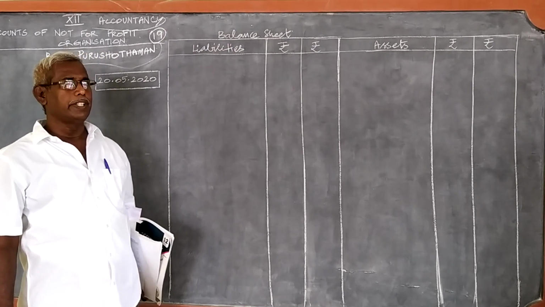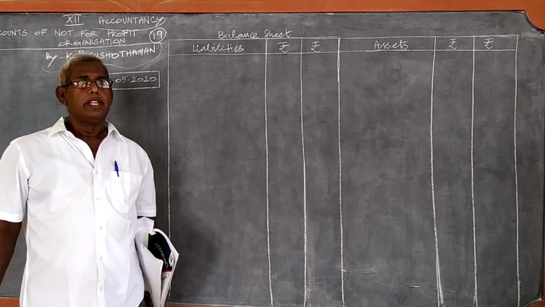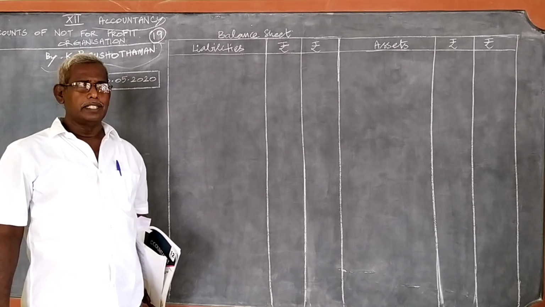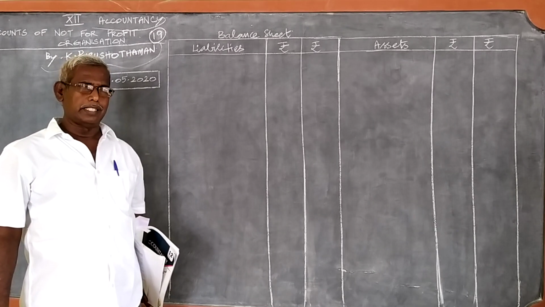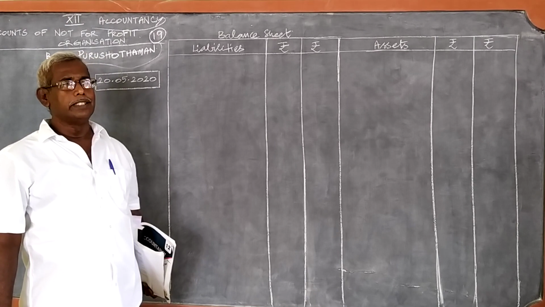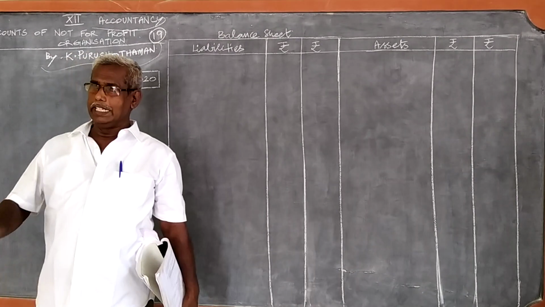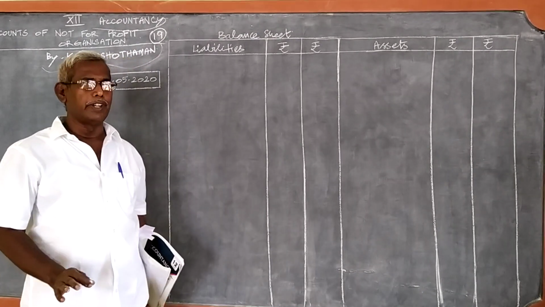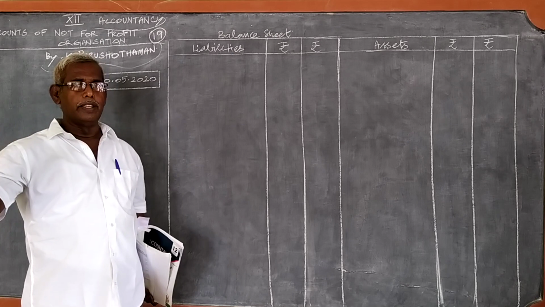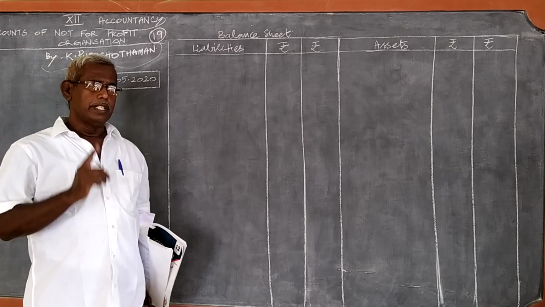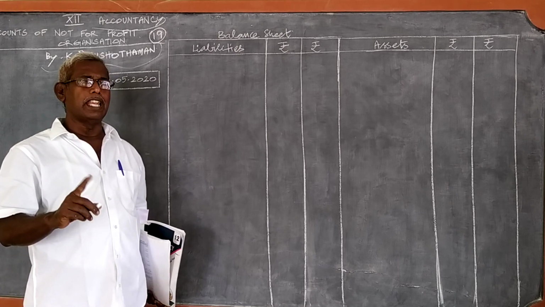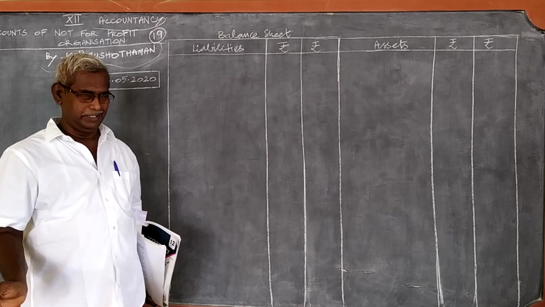It is the balancing figure, surplus. If expenditure is greater, then the income will be lesser. Therefore, the balancing figure will be the deficit. So, under income and expenditure account, we can find surplus or deficit. In receipts and payments account, we find the closing balance of cash or bank.